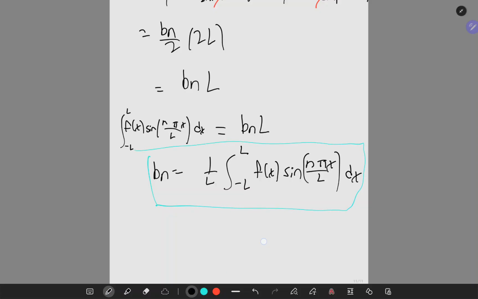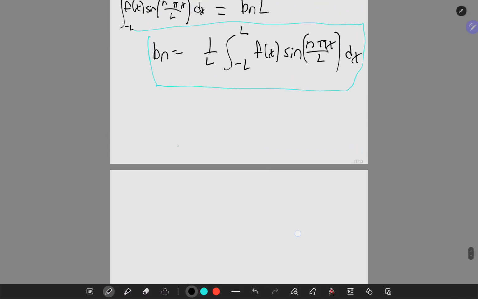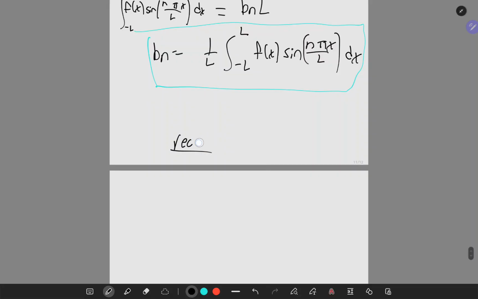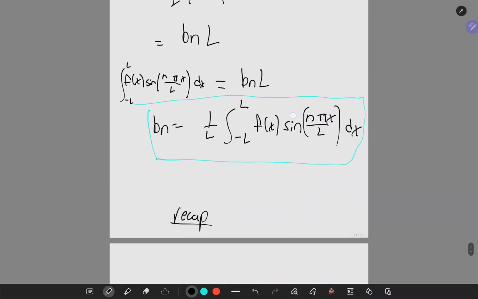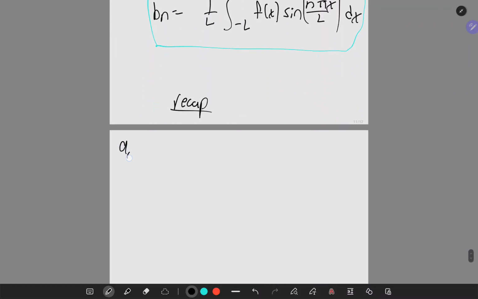So, quick little recap. When you're solving your Fourier series problems, you can skip all of this. I just wanted to show it. And you can just use these formulas. I would 100% want to skip all of that because it's useless to do it every single time.